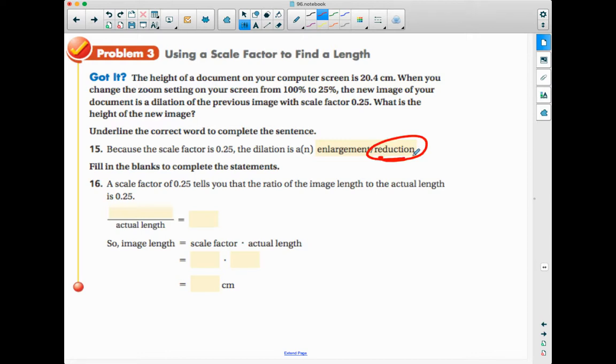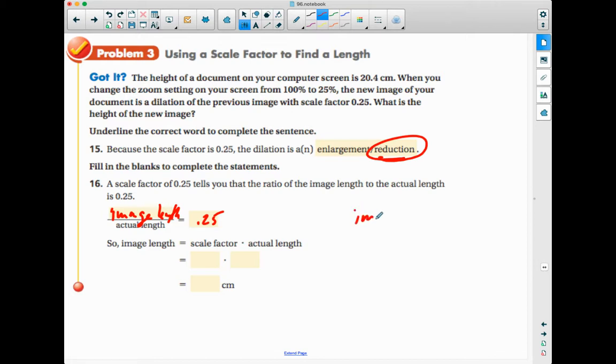So the scale factor of 0.25 tells you that the ratio of the image length to the actual length is 0.25. So our image over our pre-image, or image over actual, is going to be 0.25. So let's just fill in what we know. We know the actual length.